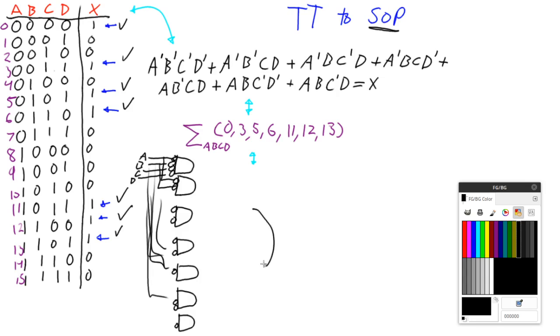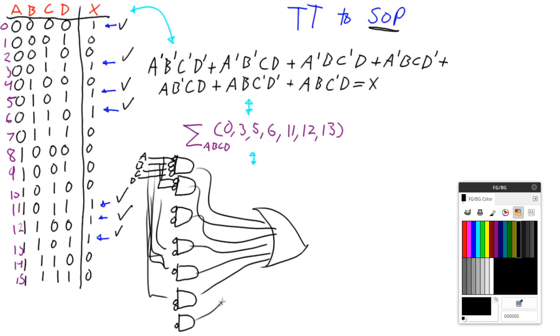And then we'd have a big OR gate, and all these guys would link into the OR gate, and that output would be X. So that's what these sum of products expressions always look like as circuits: they just have some AND gates with some inverters before them in certain spots, and then that all goes to a big OR gate.